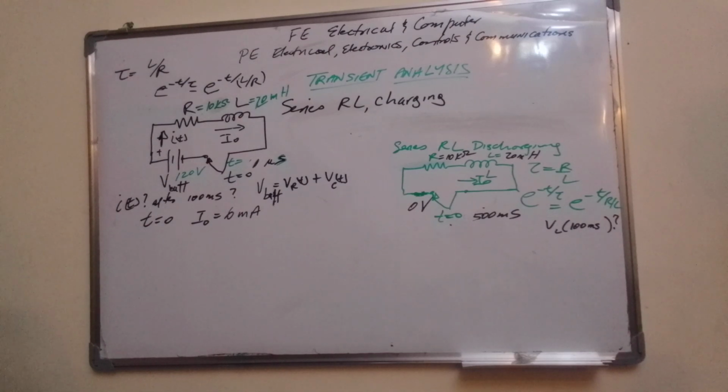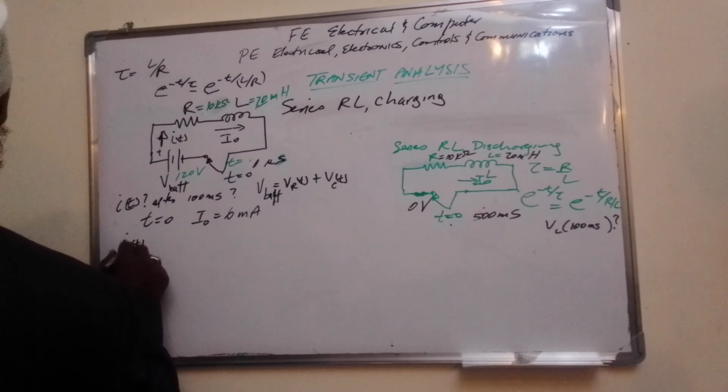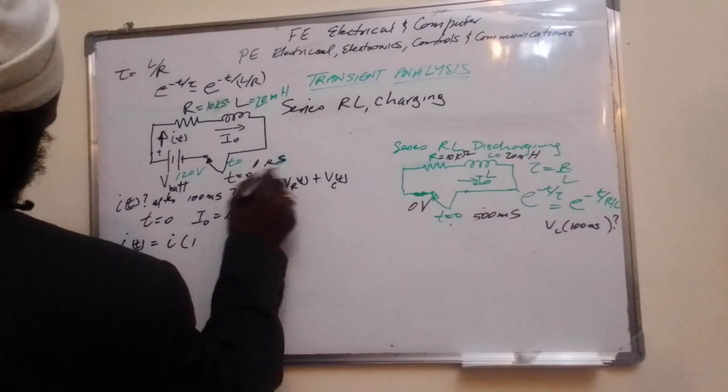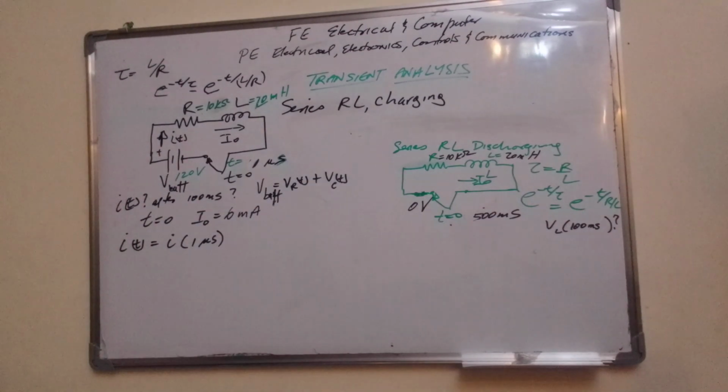We need to find the current I sub t, which is the current after 1 microsecond of closing the switch. I want to find out what that current is going to be.